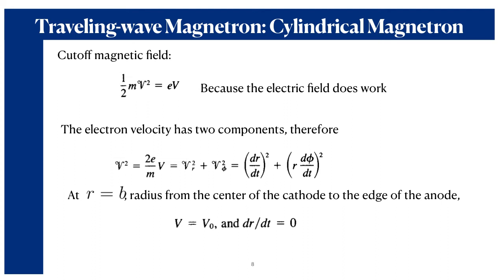So the potential being applied is v naught, and at that value of the radius, dr dt will be 0.